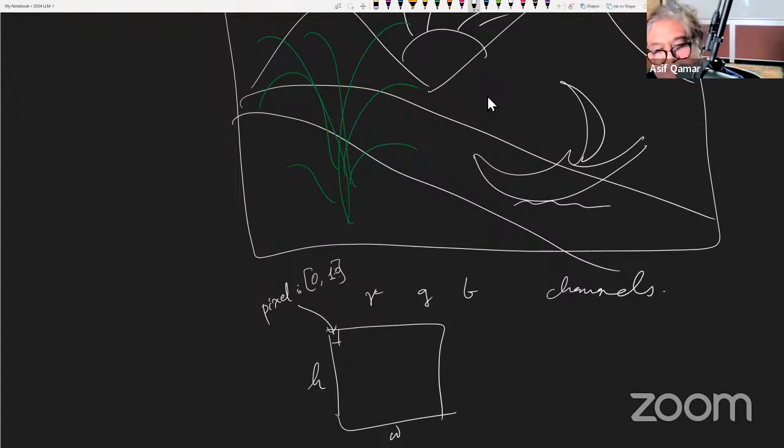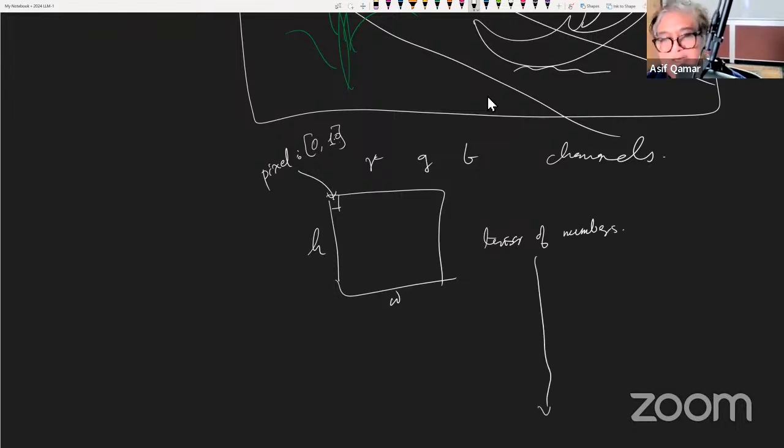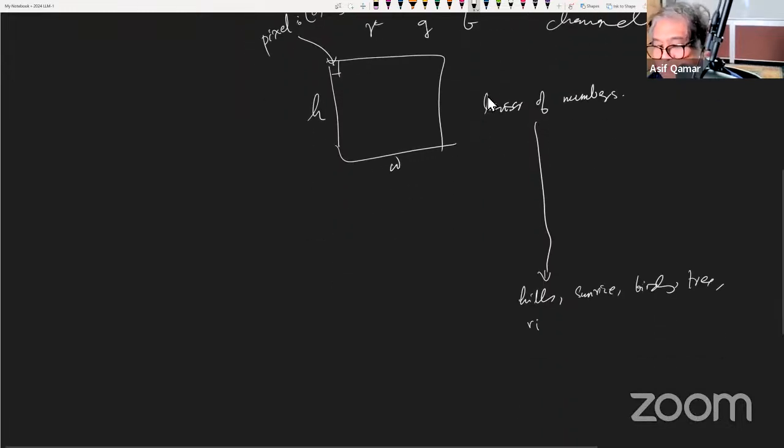Now the thing is, do you see that from a matrix, basically a tensor of numbers, you want to do the long journey to saying hill, hills, sunrise, birds, tree, river, boat.